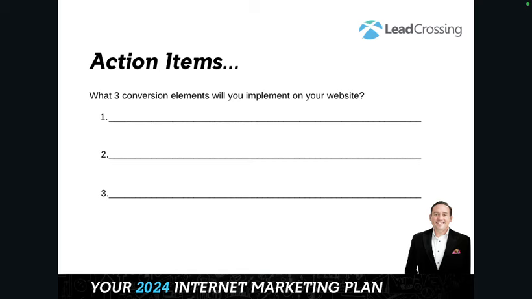Maybe it's putting your logo big in the top left corner. Maybe it's putting your phone number big in the top right corner. Maybe it's making sure you have a contact form very visible and easy to access right on the home page. Maybe it's making sure that it's mobile friendly. Look for 3 conversion elements, a really clear call to action, something like that you could implement right now.